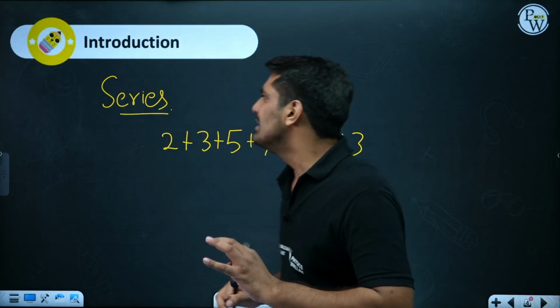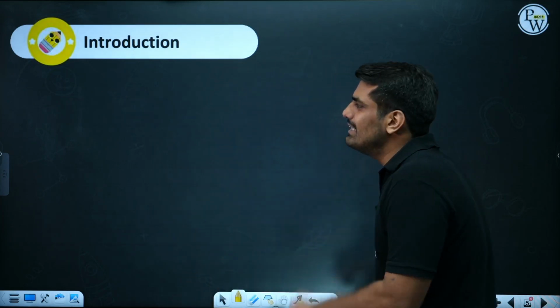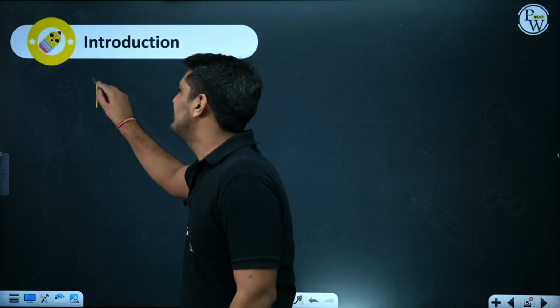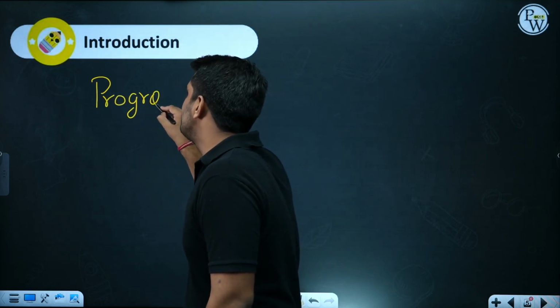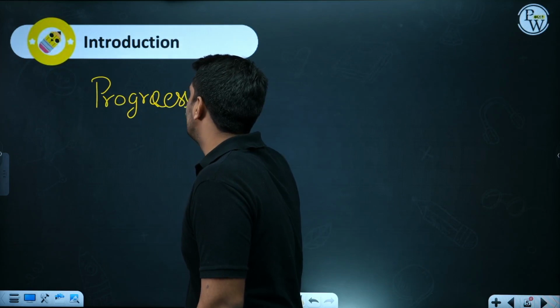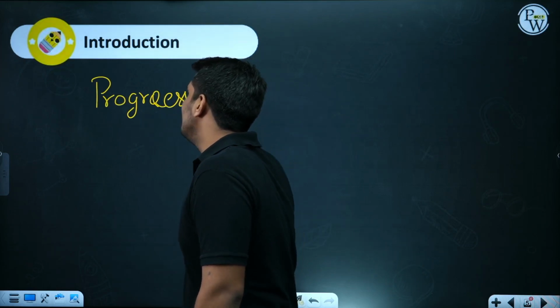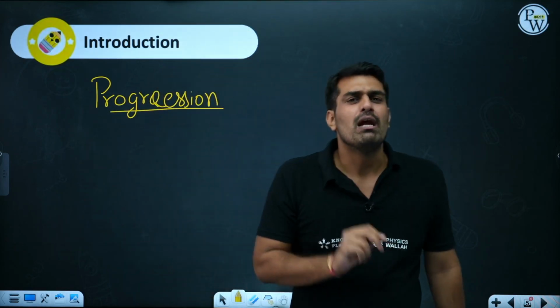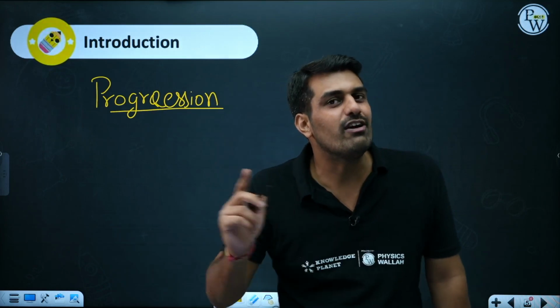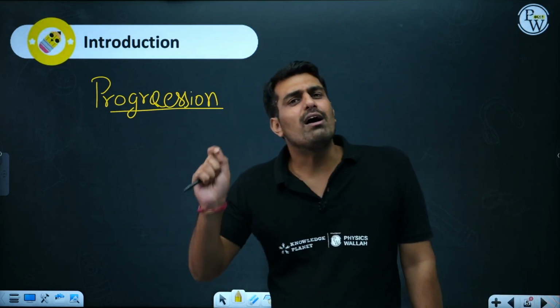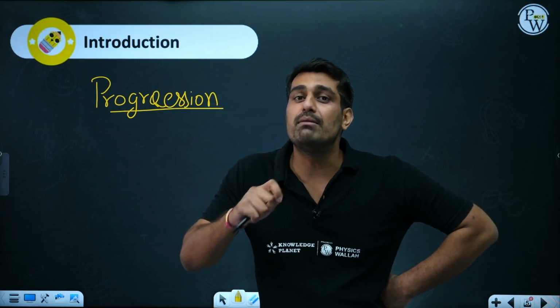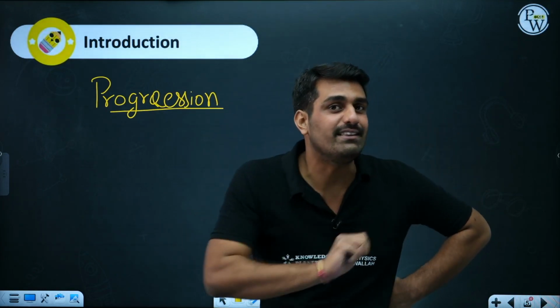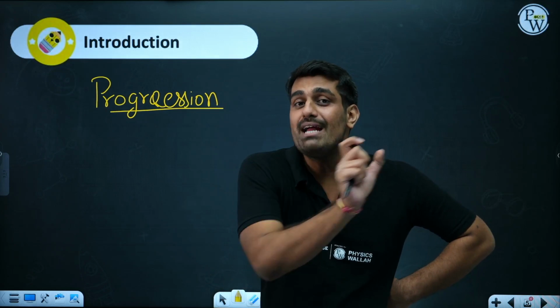This was about series. Now, the next term is progression. Progression is a term in which we are interested, because we are learning a chapter, arithmetic progression. So how is a progression different from a sequence? If I talk about the sequence of prime numbers, can you think of the prime number which will be coming at the 50th place?